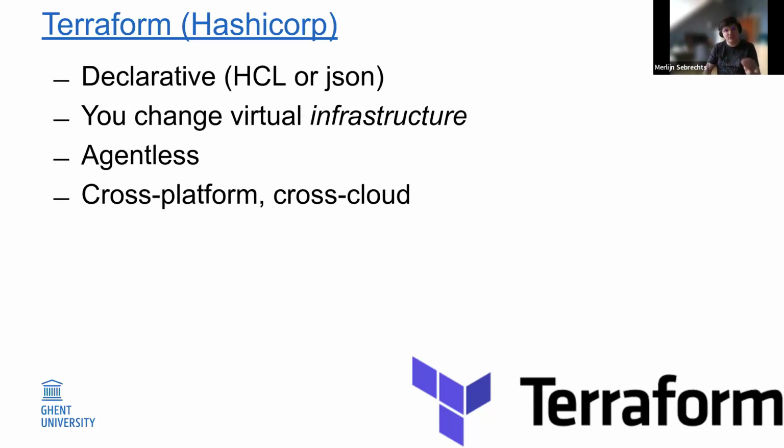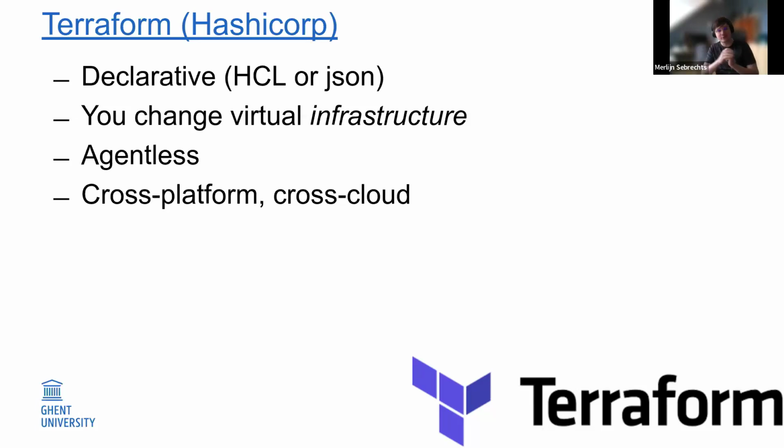Once you've written your desired state model, it will only work on that specific cloud provider. This is because your desired state model will use a lot of the cloud provider specific concepts.